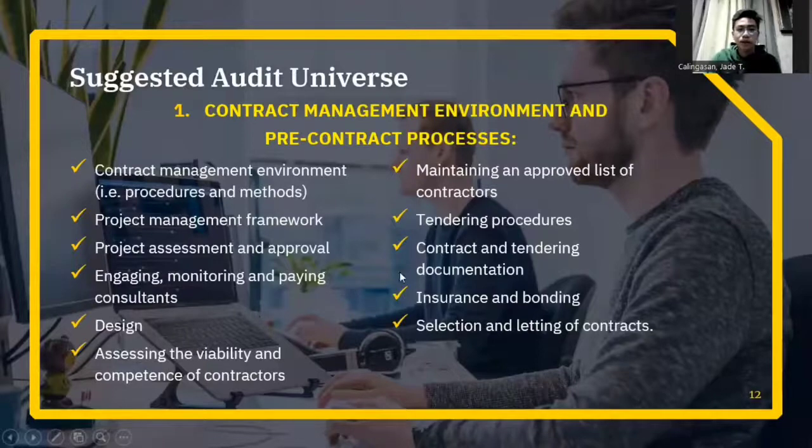So dito sa first part, dito makikita kung yung mga pre-contract processes kung bago mangyari yung mga kontrata.